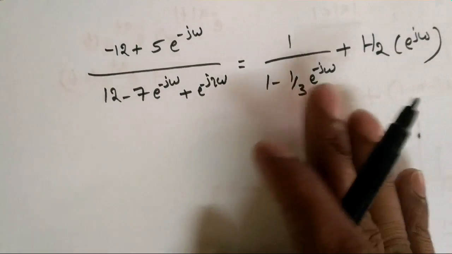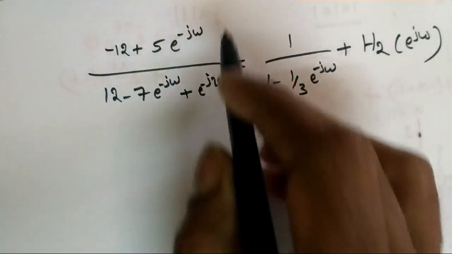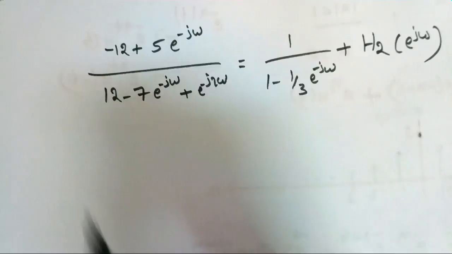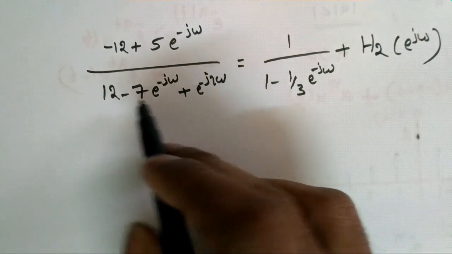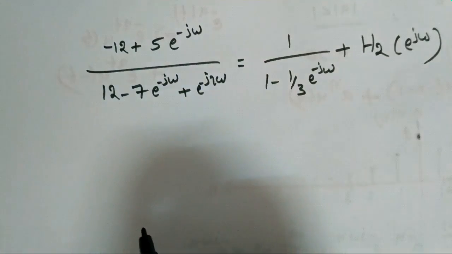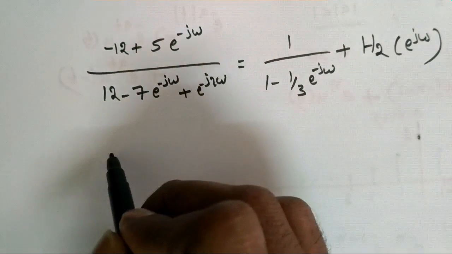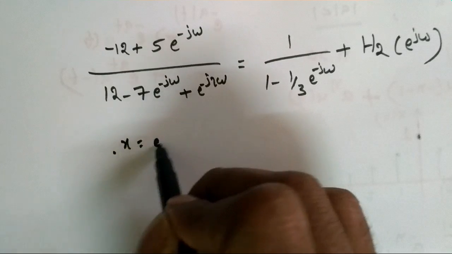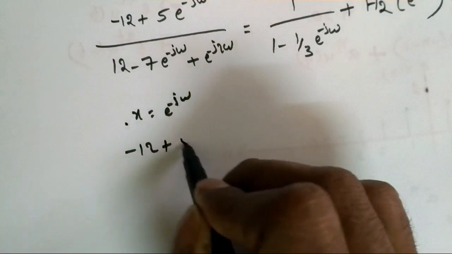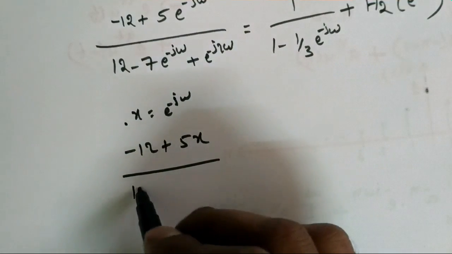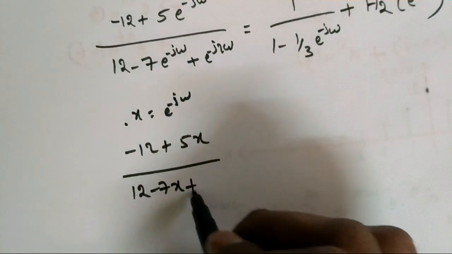Now if you see this, H1 is going to this side, but first we need to find the partial fraction of this function. So how to do the partial fraction? We discussed this in the previous example. So let x is equal to e^(-jω). That will become minus 12 plus 5x by 12 minus 7x plus x square.